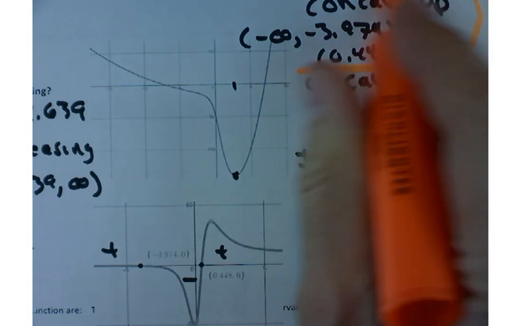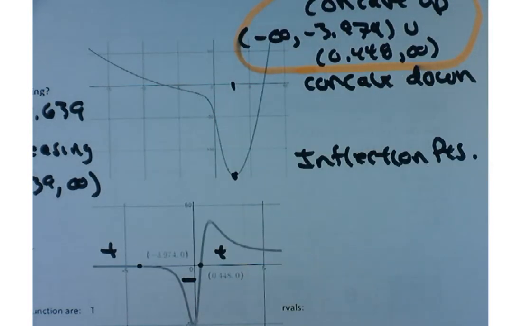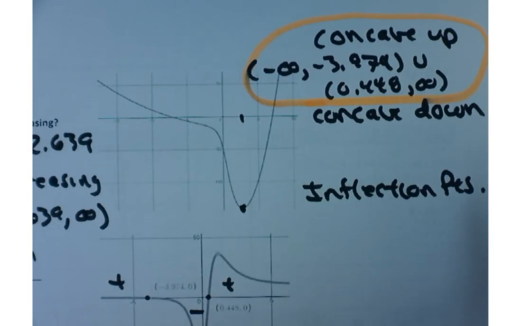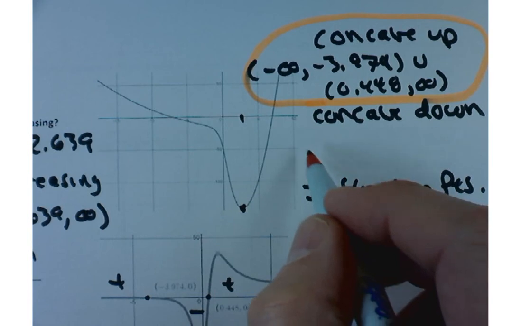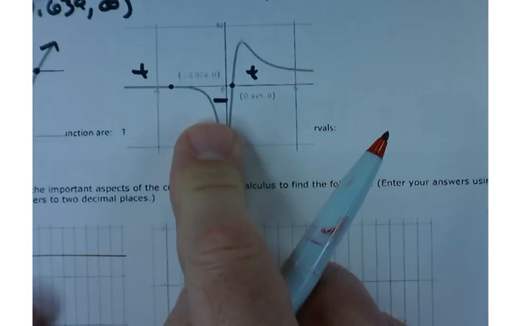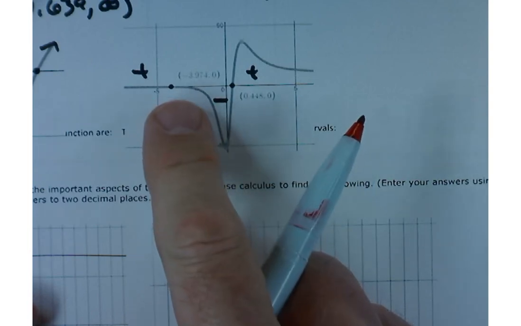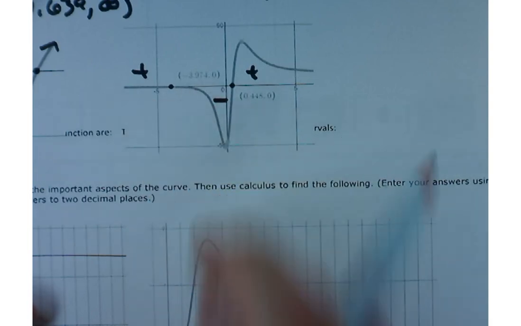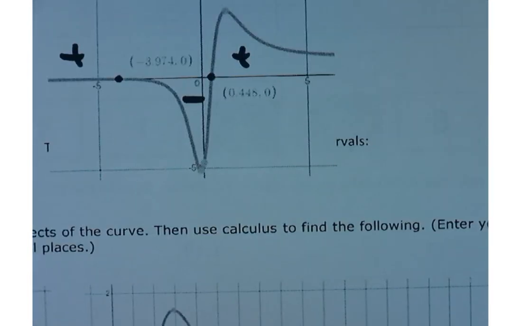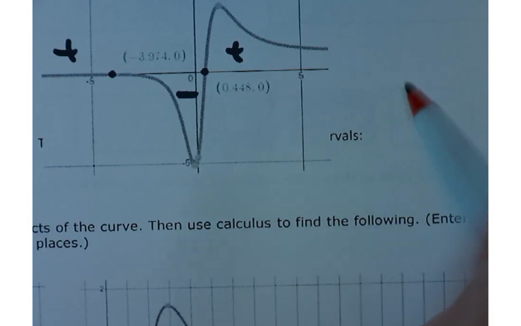Then we need concave down. Mia, where's the concave down? Would it be from 0 to? It's going to be where the second derivative is negative. So that's right in here.